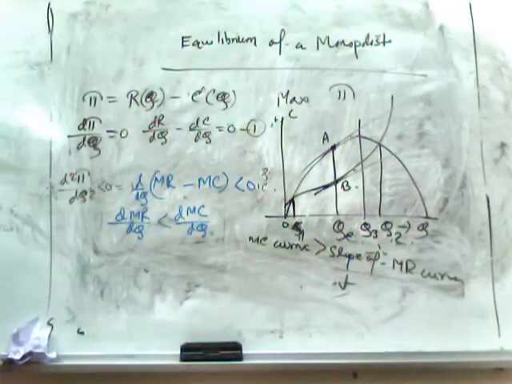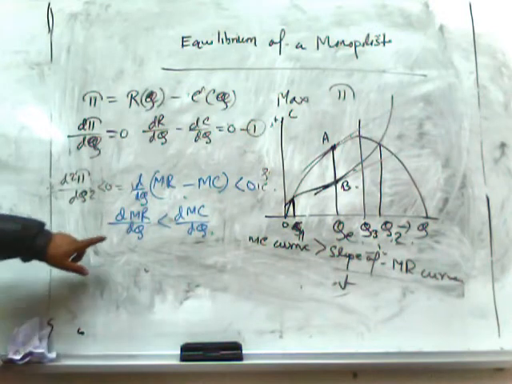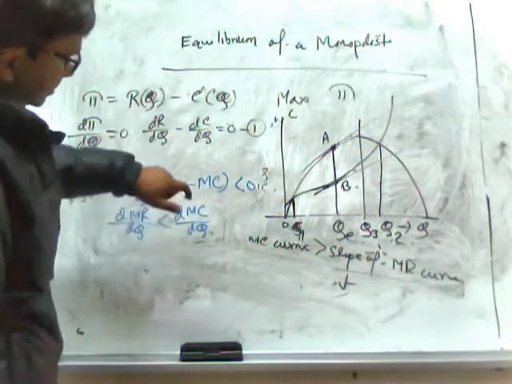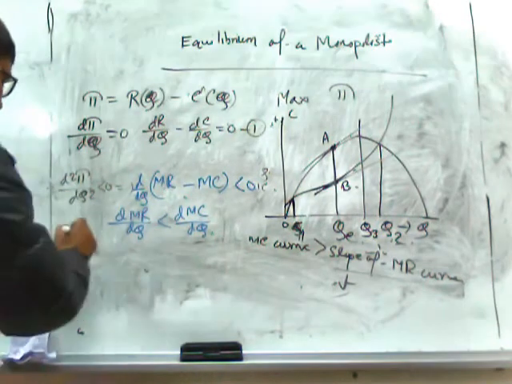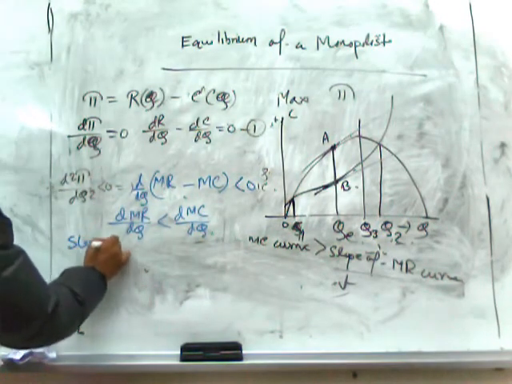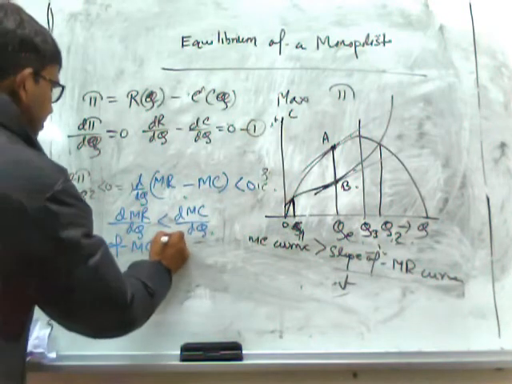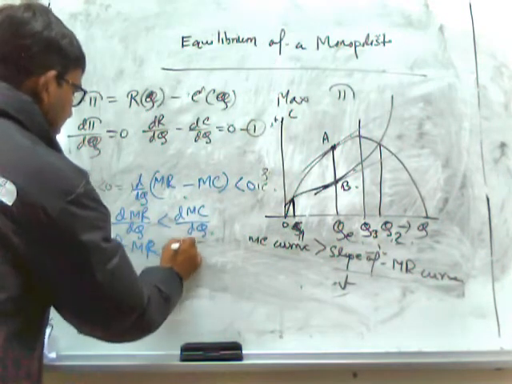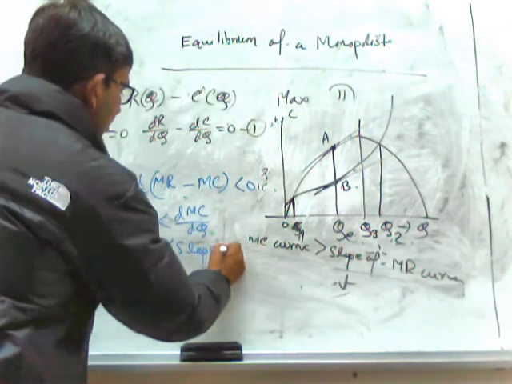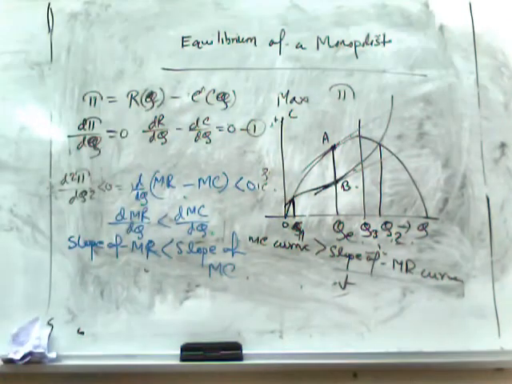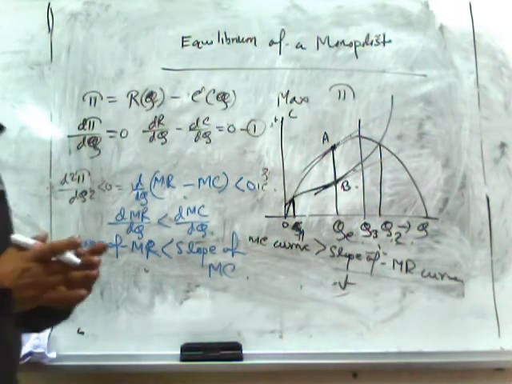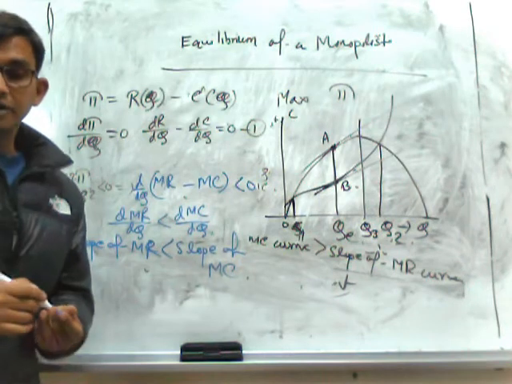So the left hand side describes the slope of the marginal revenue curve and the right hand side describes the slope of the marginal cost curve. So we can write slope of MR is less than slope of MC. That means the point of equilibrium is that point at which the marginal cost curve intersects the marginal revenue curve from below.